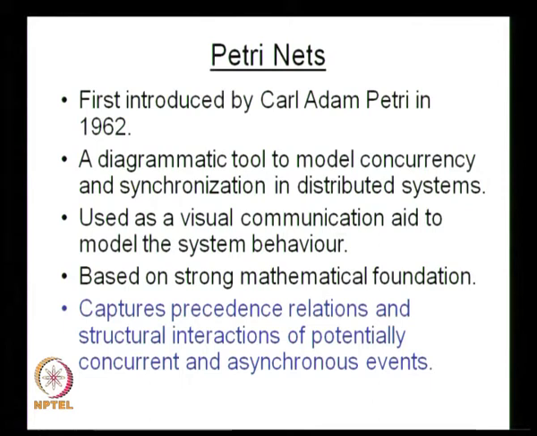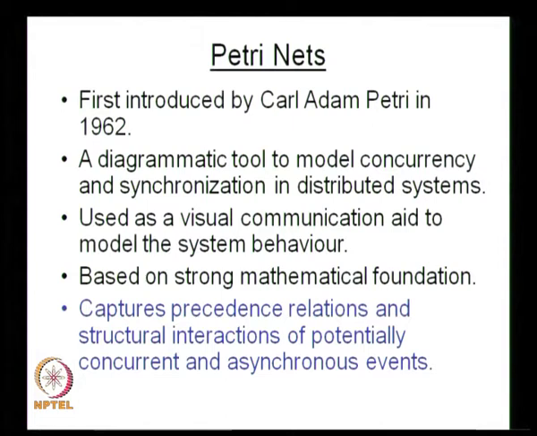As you know, this is a graphical tool, so it helps as a visual aid to show the synchronization. And of course there is a strong mathematical foundation for these methods, and it captures the precedence relations and structural interactions of potentially concurrent and asynchronous events. What is the precedence?